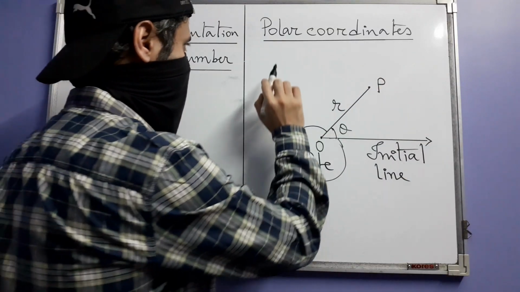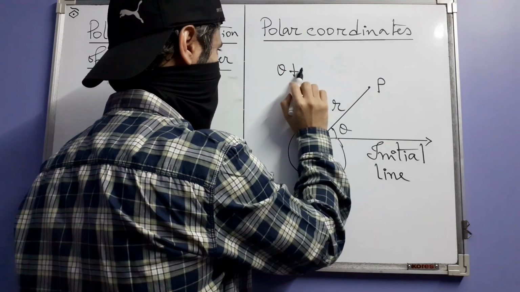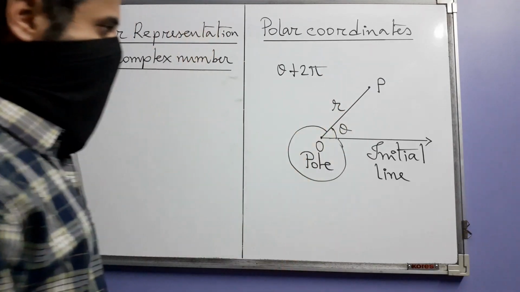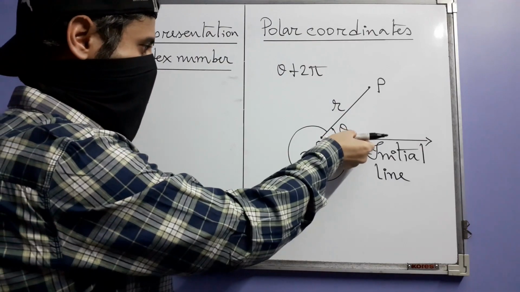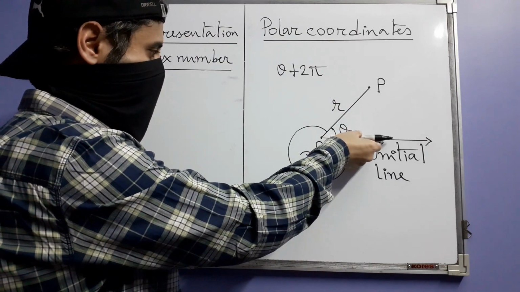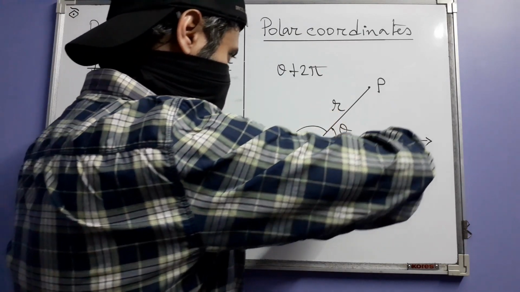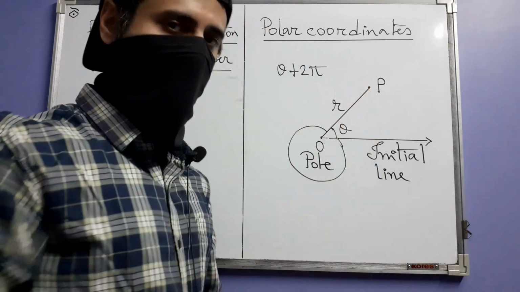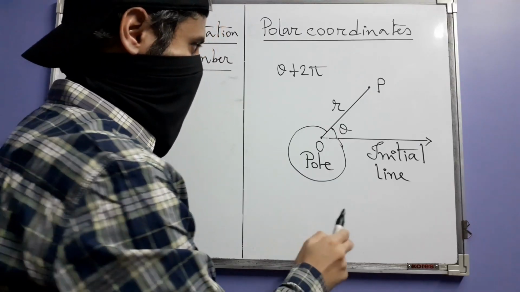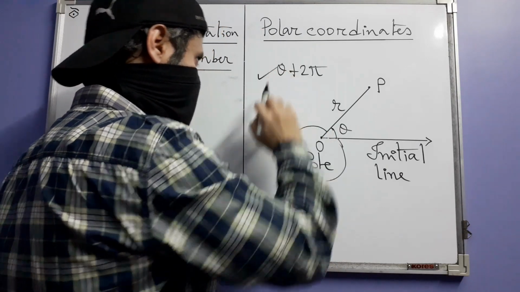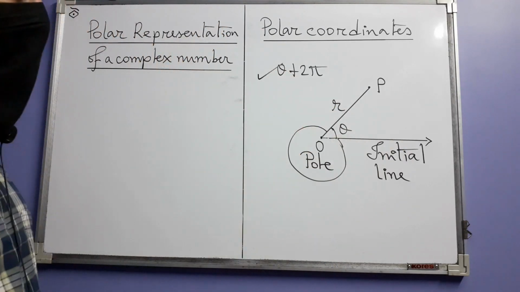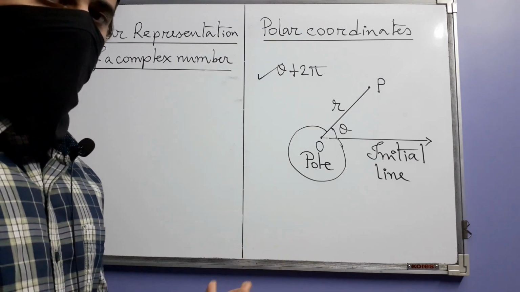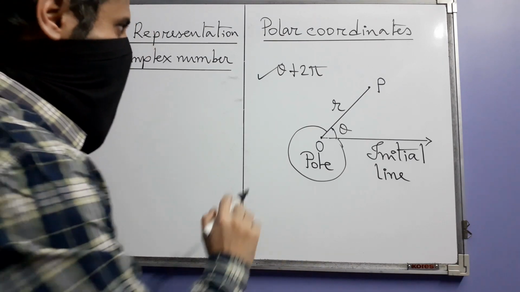However, if you rotate by this angle, theta plus 2 pi, what type of rotation will that be? 2 pi means one complete rotation and an additional theta. So you again come back to that position. So in that sense, this is also an angle that OP makes with the initial line, and that way you can clearly see that there are infinitely many angles.